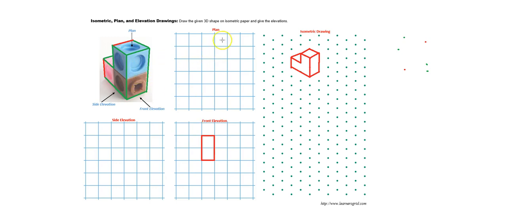And for the side elevation, a little bit more interesting. The side elevation is an L shape, but a backwards L. So I need to go like this. I go down 1. On this, that's that bit there. This bit here, I go down 2.